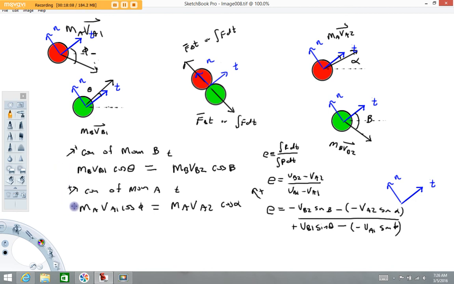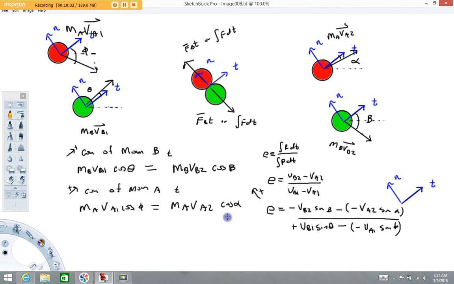The key to understanding why we can do that is that the impulse during the impact between these lines on this axis does not have a tangential component. Because it doesn't have a tangential component, the tangential components of these momentum vectors do not change. So that's what allows these.